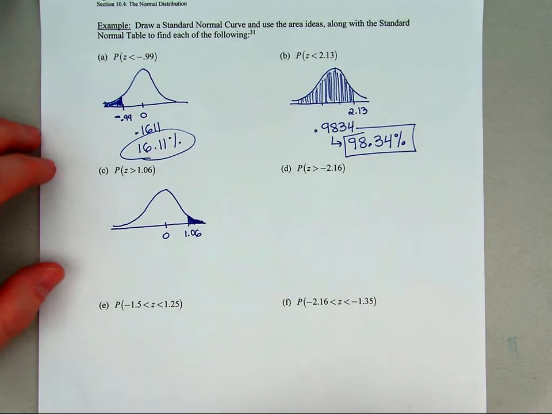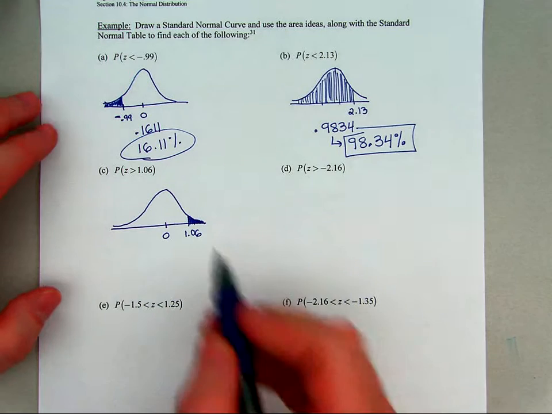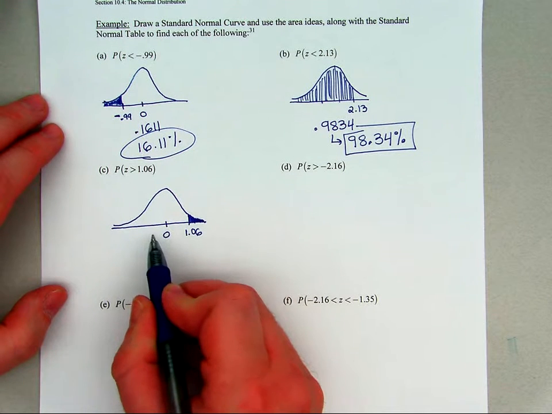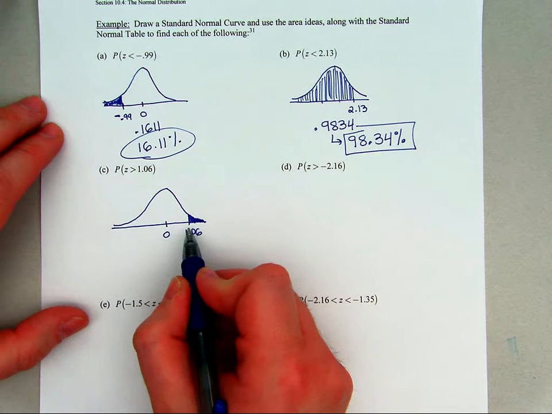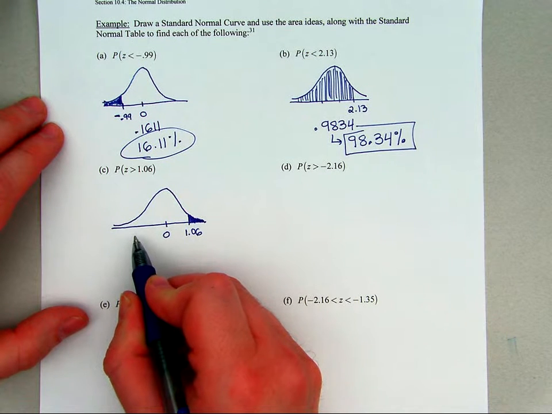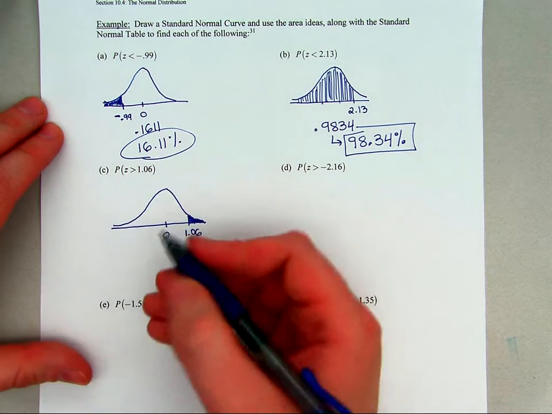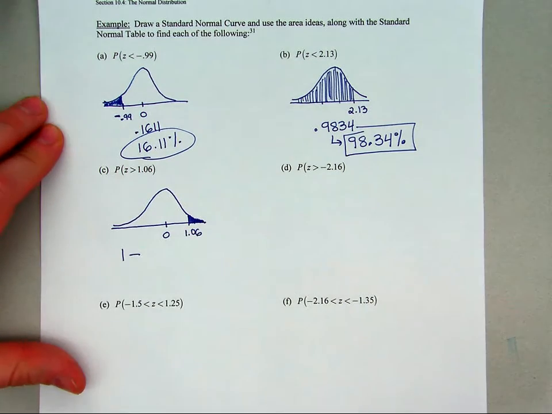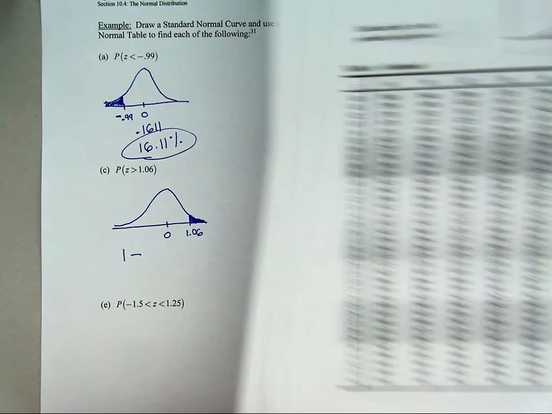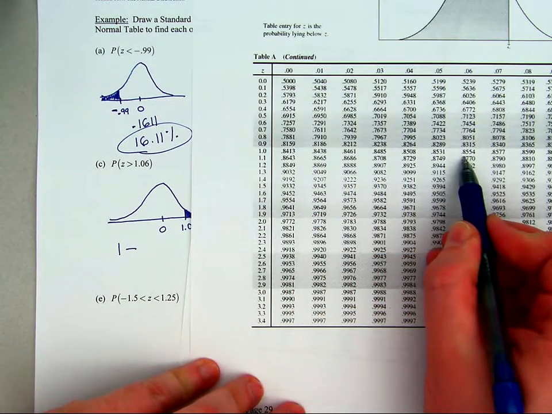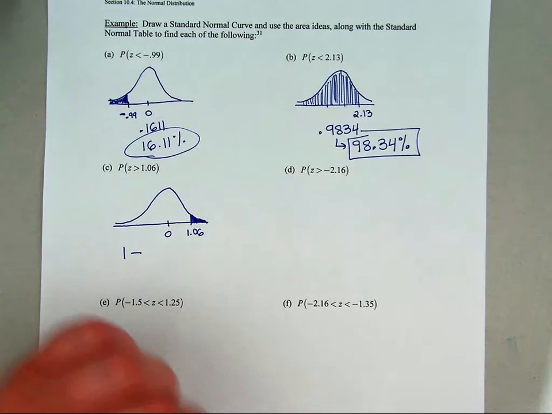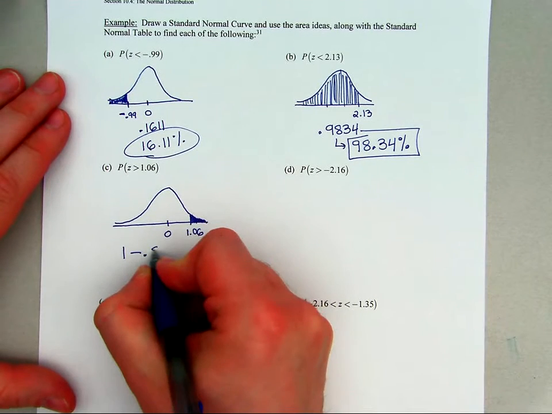But remember that the areas given in our table are just to the left of 1.06. So what I'm going to do is look at the table. I'm going to find the area to the left of 1.06 and then subtract that from 1, the total area. So I'm going to do 1 minus, well, to the left of 1.06, looking at the table, 1.06 is 0.8554.